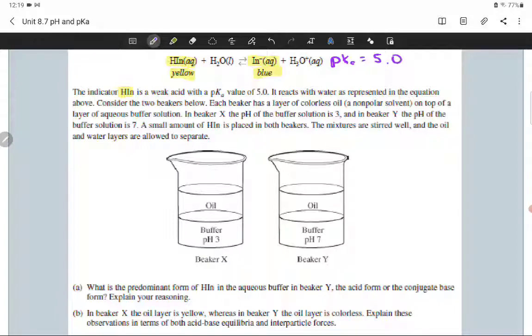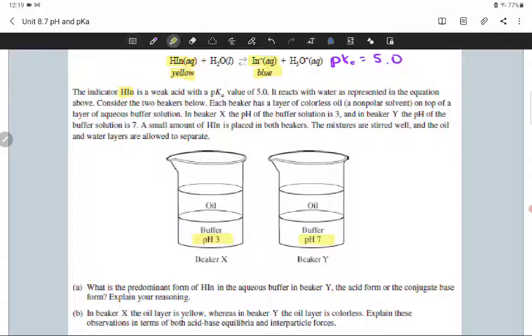Each beaker has a layer of colorless oil on top. In beaker X, the pH of the solution is 3. So maybe that's going to be important. And this one has a pH of 7. A small amount of HIn is placed in both beakers.